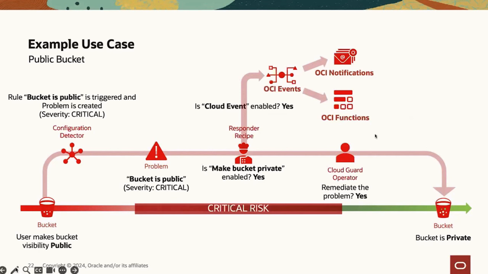The responder also checks to see if the remediate rule, make bucket private, is enabled. And if so, this allows an administrator to remediate the problem by giving CloudGuard the permissions to change the visibility to private. And that's the flow.